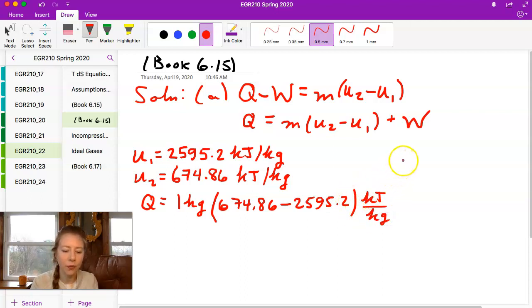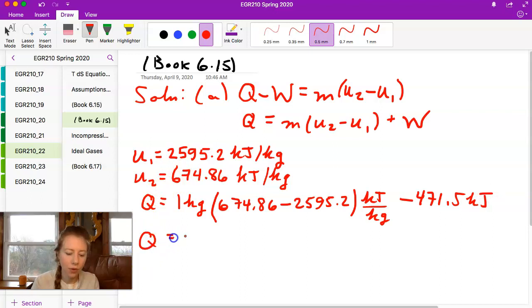W was minus 471.5 kilojoules. And so we end up with Q equal to minus 2,391.8 kilojoules.